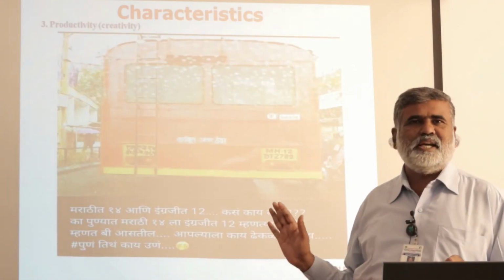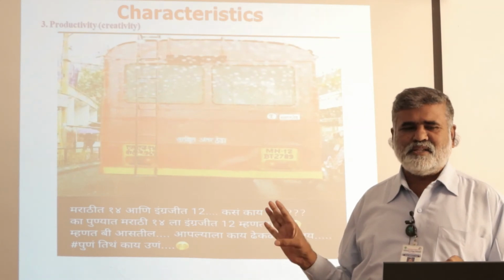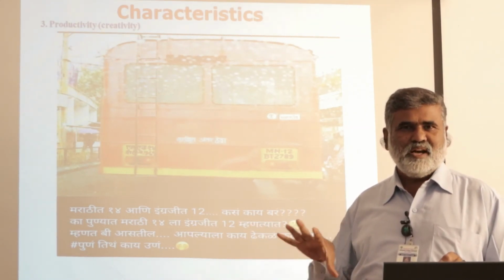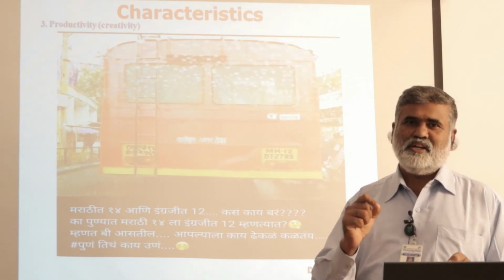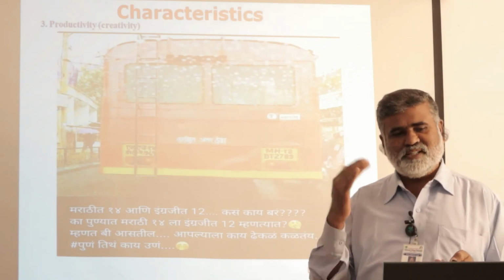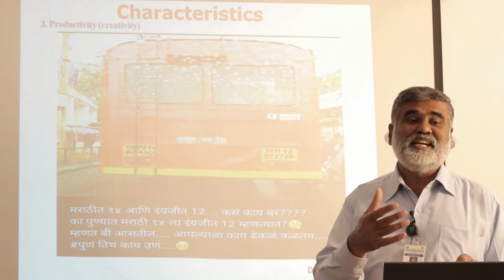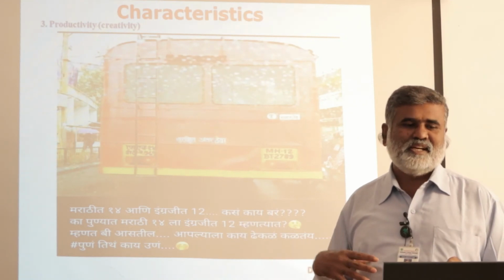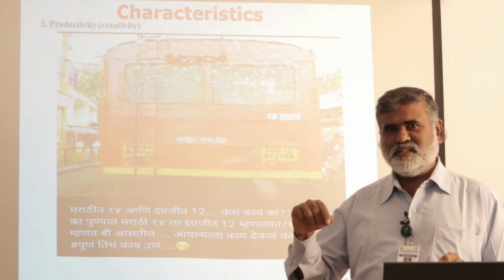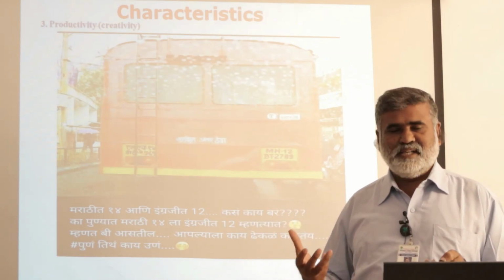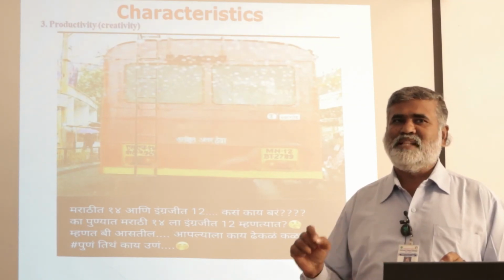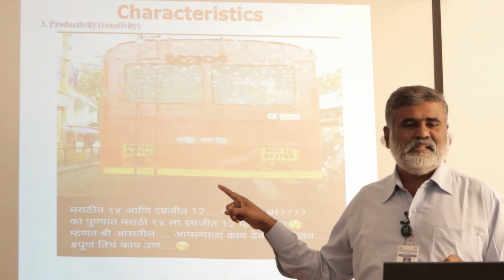And as we have different ways of those things, here I am going to give you one example you haven't heard anywhere. And what is it? मराठीत 14 आणि इंग्रजीत 12. असं काय बरं? असं काय बरं is the typical new expression for you people in your mother tongue. But we understand, and the next sentence created by the writer is, का पुण्यात मराठी 14ला इंग्रजीत 12 म्हणतात, is once again a typical arbitrariness. म्हणतात is the standard Marathi, but the writer has written it like this.